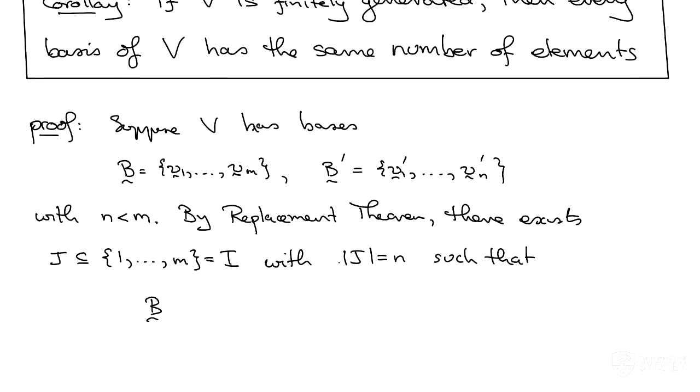Such that when I throw away those elements and throw in the other elements, we stay as a basis. But the problem here is that this B prime was a basis and therefore a maximal linearly independent spanning set by the characterization theorem.